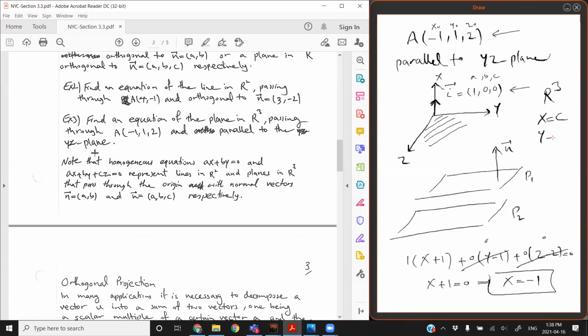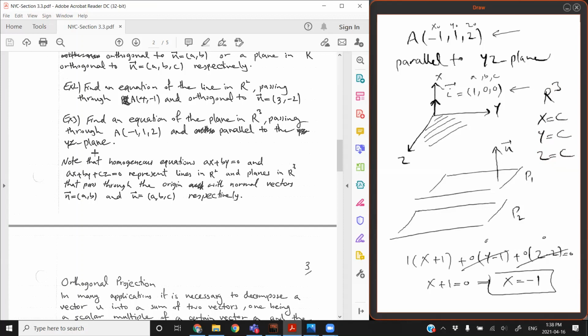Or if I say y equals a constant, then this is going to be a plane parallel to the XZ plane. And if I say z equals a constant, that's going to be a plane that is parallel to the XY plane.